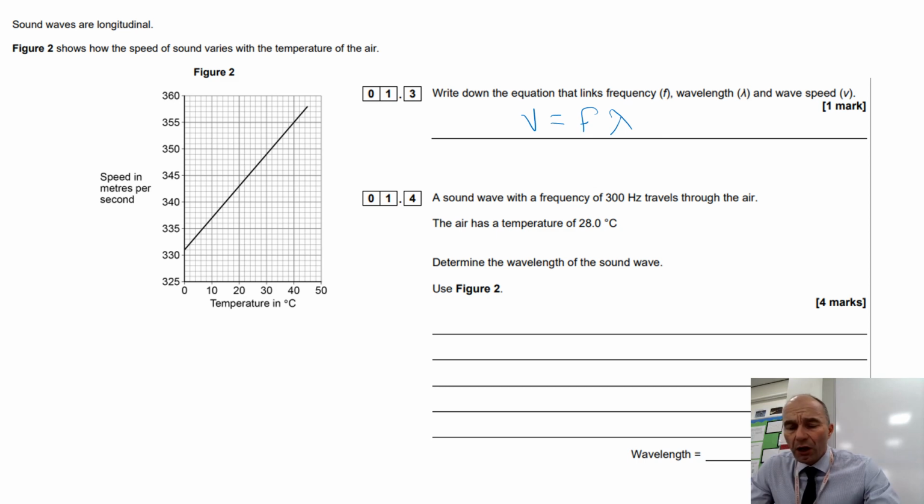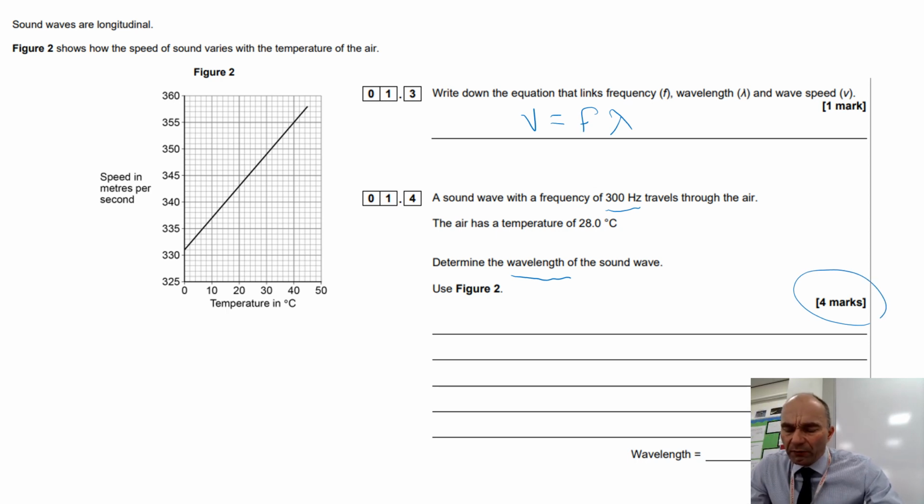Now the next question, we're going to have to use that formula to calculate, in this case, the wavelength of the sound wave. So the sound wave has a frequency of 300 hertz. Now we need to work out the wavelength. Now again, lots of marks available, 4 marks.